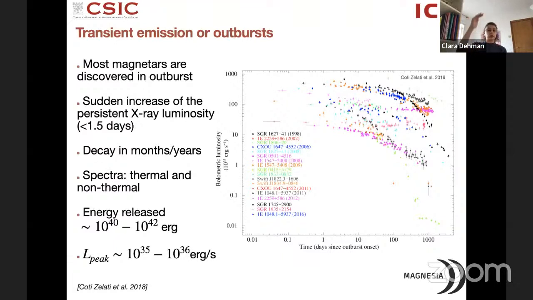The increase happens very fast, in less than 2 days, and then it remains high, and at this level we can observe the magnetar. Then it decays back to the quiescent level on a timescale ranging from months to years. Once it arrives at the quiescent level, the magnetar is again not observed.